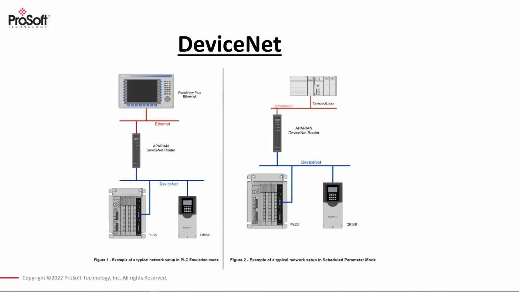Some of the features it allows are PLC5 emulation mode, direct to tag technology, and diagnostics and the ability to capture packets, to make sure that you are having the correct delivery over your network from DeviceNet to Ethernet/IP.